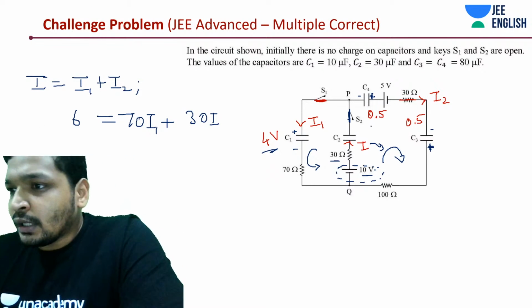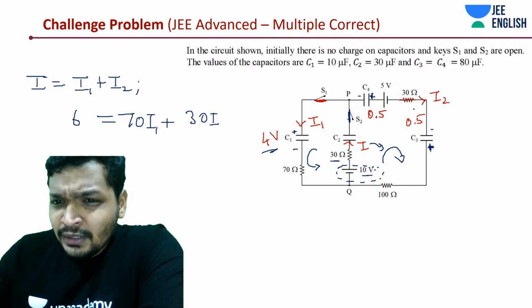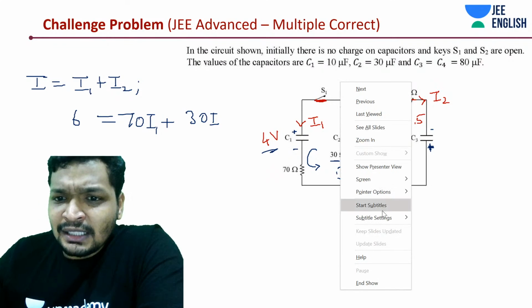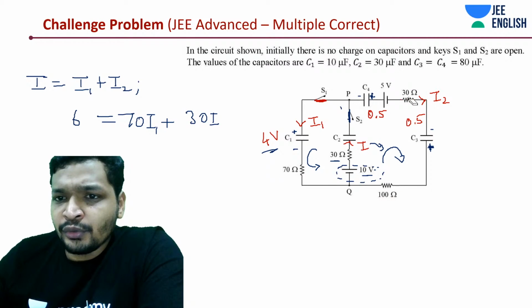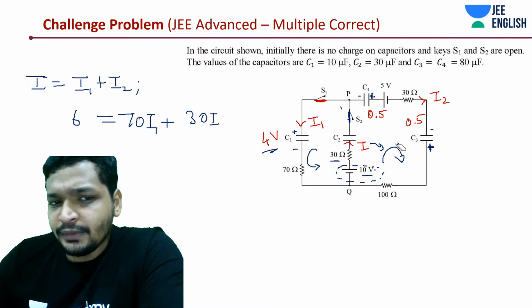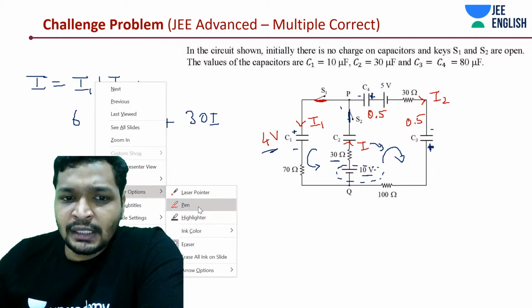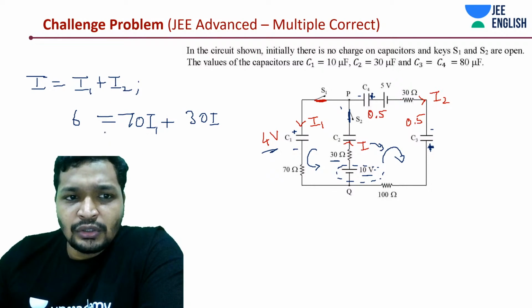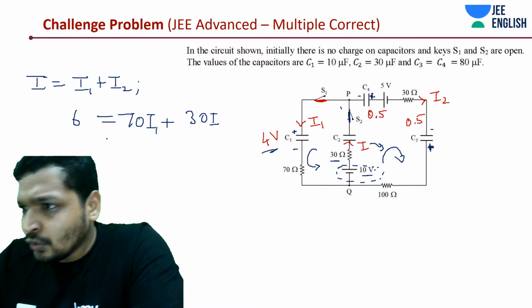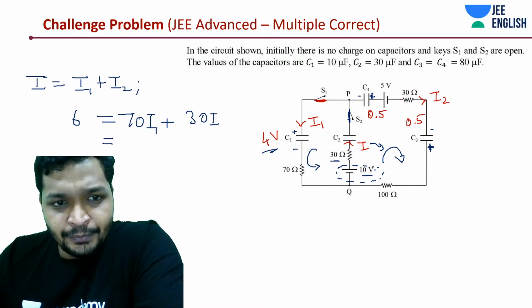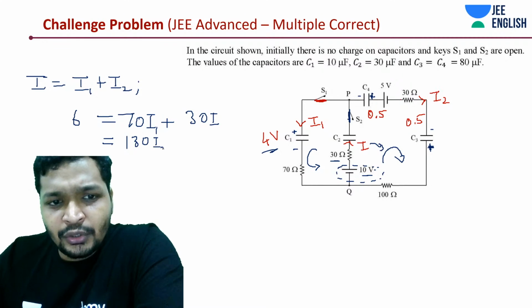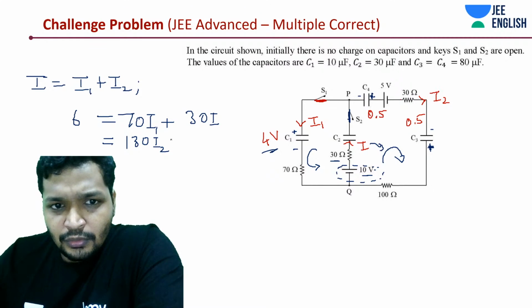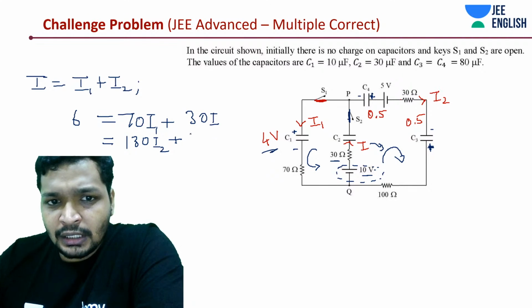Now how about this loop? Something across 30, something across 100. Now what I'm going to do is add them up. 130. Basically both are in series. So it's 130 I2 plus, how much? 30, this loop.